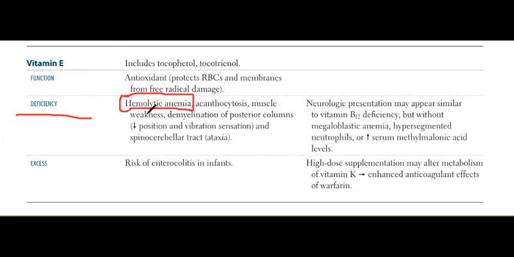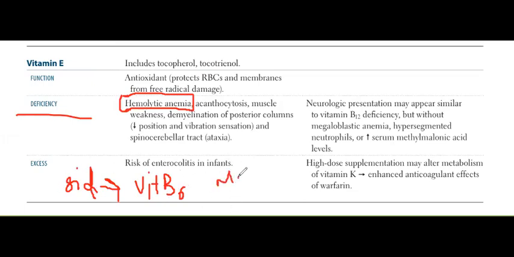Definitely sideroblastic is also a type of hemolytic, but your examiners are very fond of asking MCQs the same way it is written in your book. So when they write sideroblastic, your mind should directly go to vitamin B6. Definitely, they will give some other hints also, but in your First Aid book, they have mentioned that sideroblastic anemia is because of the deficiency of B6.